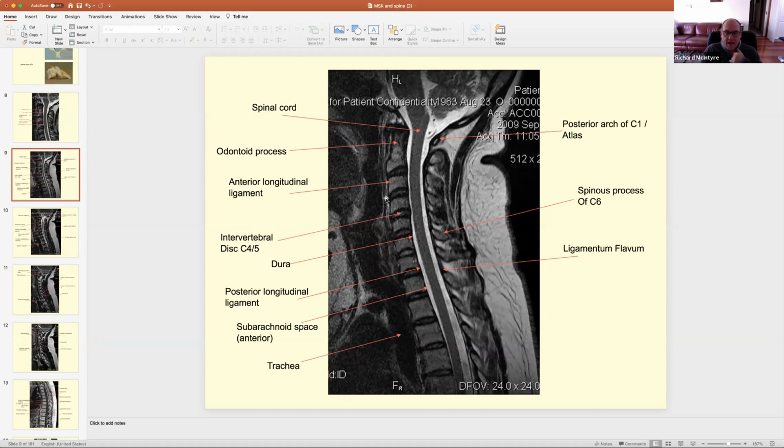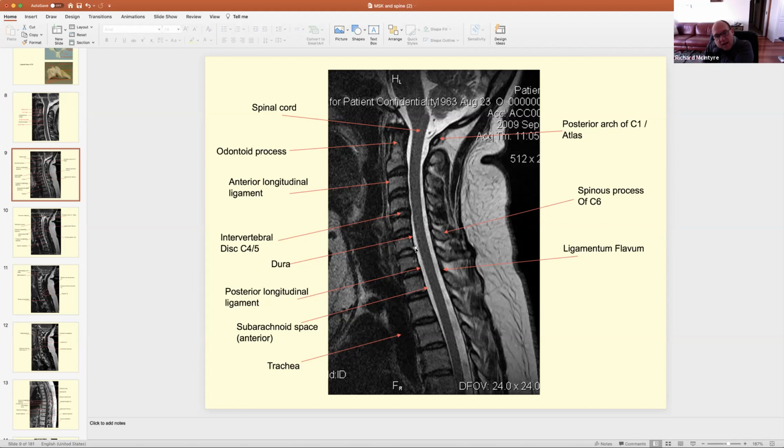Okay, anterior longitudinal ligament, of course, runs along the anterior part of the vertebral column, or the vertebrae. And then we'll have the posterior longitudinal ligament, which runs along the posterior aspect of the vertebral canal.